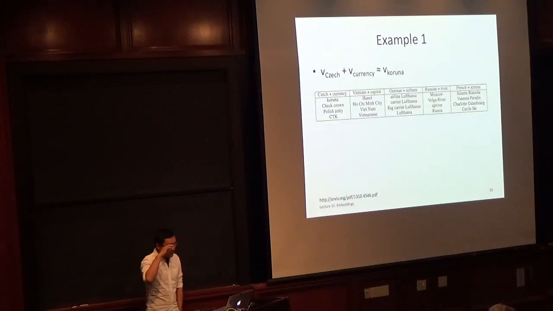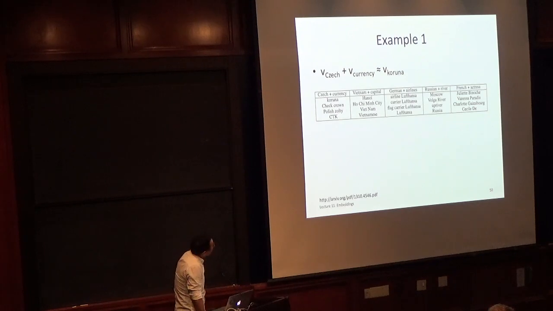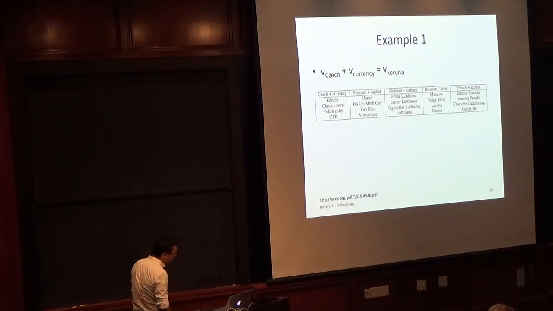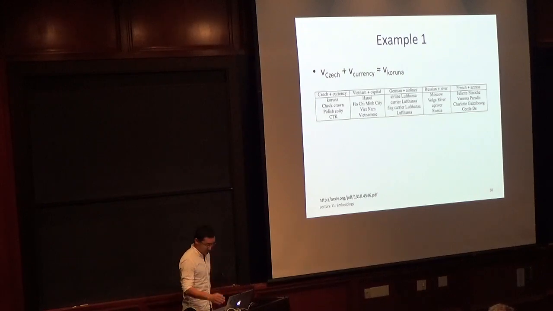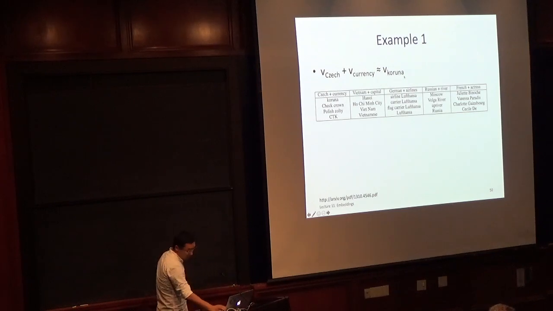One thing that's kind of interesting about this word2vec model is that you can do some interesting algebra in this model. For example, I don't remember if the Czech Republic uses euros now, but at least in this data set they use the koruna.